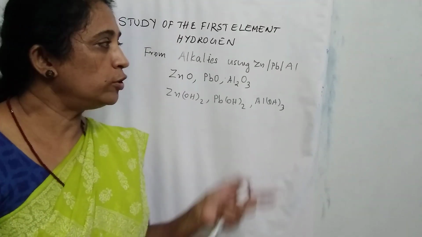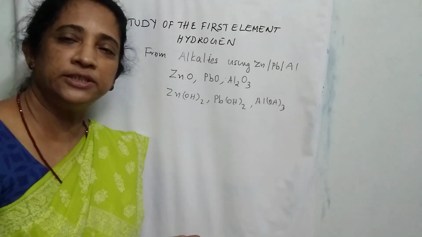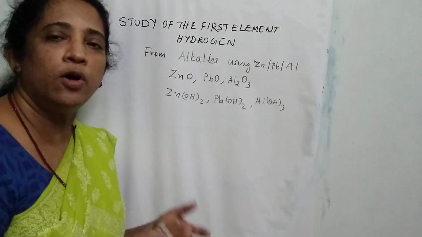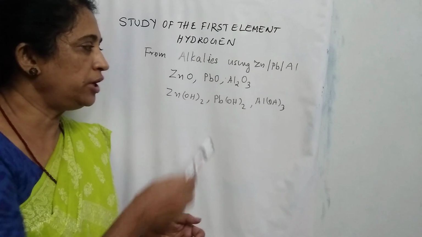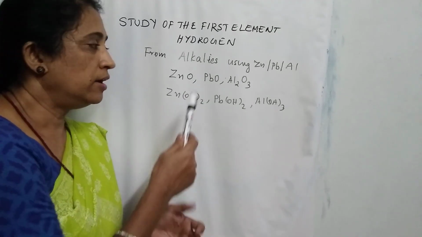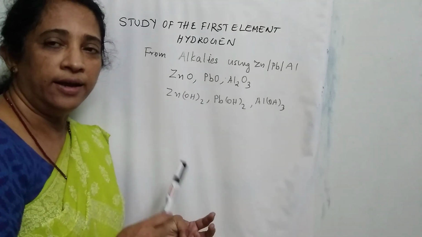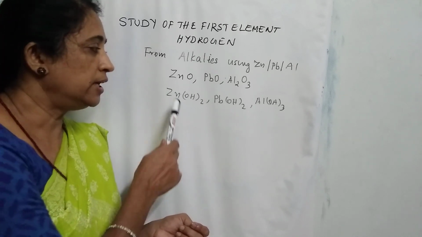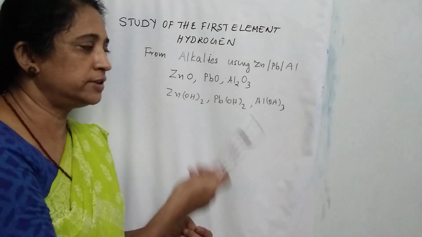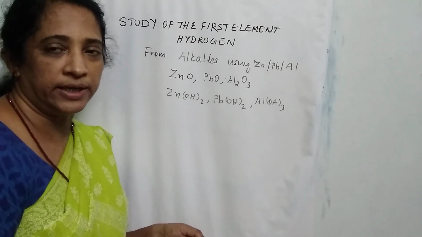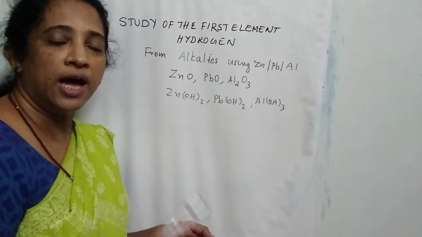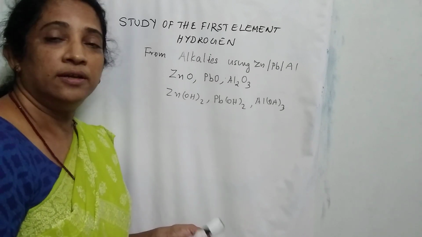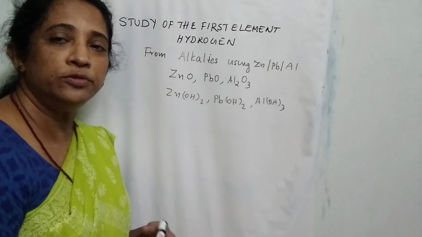So now we know that zinc, lead and aluminium, these metals, are amphoteric. Their oxides and hydroxides are also amphoteric in nature. So name an amphoteric oxide. Answer is zinc oxide, lead oxide or aluminium oxide. Name an amphoteric hydroxide: zinc hydroxide, lead hydroxide or aluminium hydroxide. These also react with the alkalis and they liberate salt and produce water.